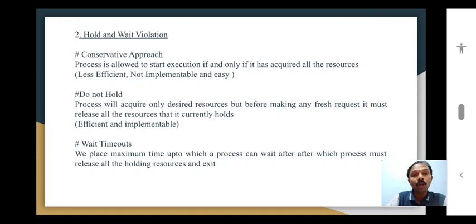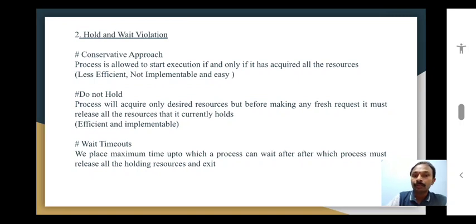And see, guys, this is the most efficient and implementable method, because it is actually following the system model. Now the last method we can also use is known as wait timeouts, right? So what we are doing over here, we place a maximum time up to which a process can wait, after which the process must release all the holding resources and exit.